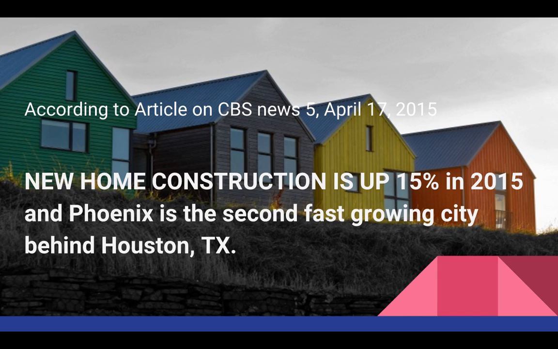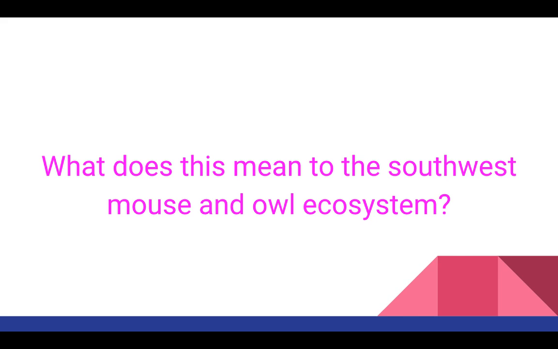Obviously, this is affecting many ecosystems, but I'm going to take a look in particular at the barn owl and mouse ecosystem and try to see what this means for this ecosystem and what species we're going to see go extinct first as we remove the mesquite trees to build homes.